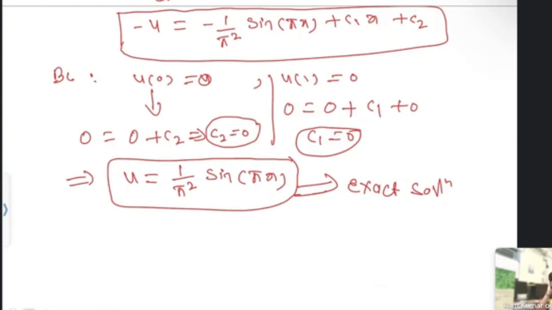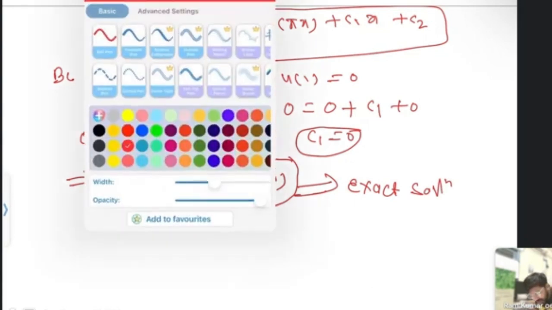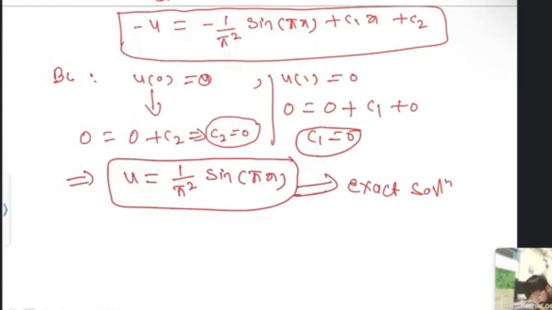Then what is the meaning of exact solution? I just want to tell you one thing here.